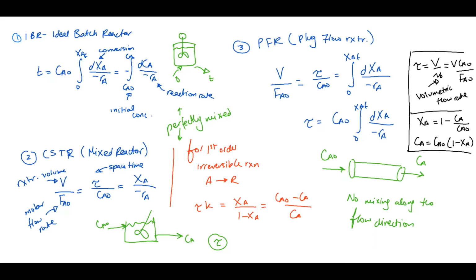Okay, so let's try to derive this. How about that? Let me just make sure I'm sharing the correct screen. Okay, so I need to find the volume of a CSTR divided by a volume of a PFR.